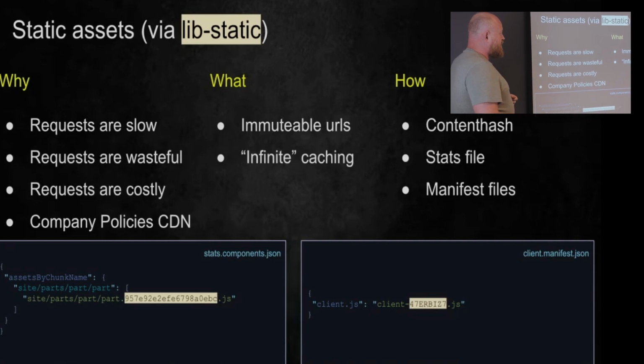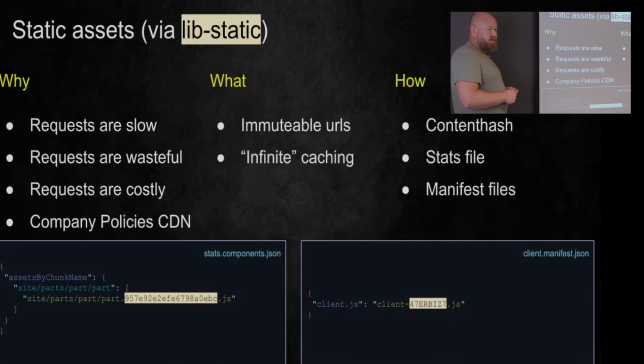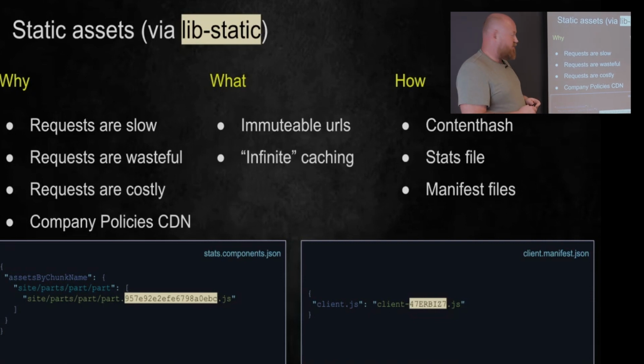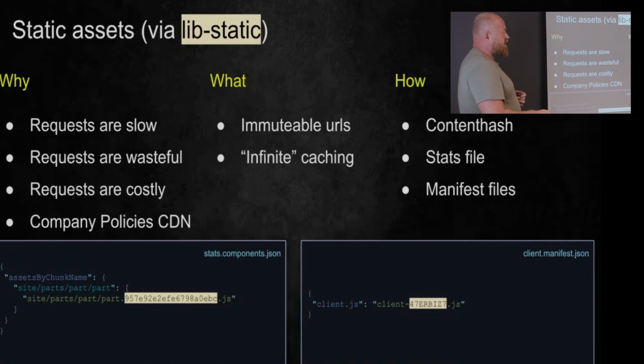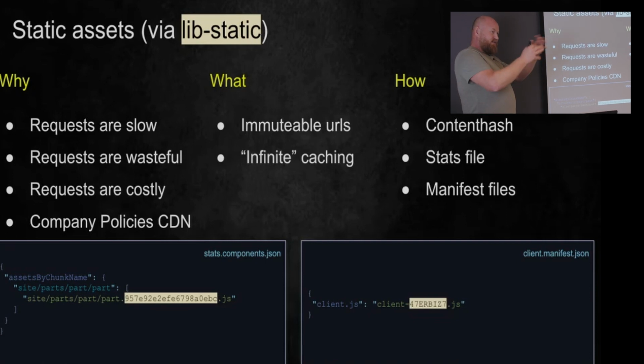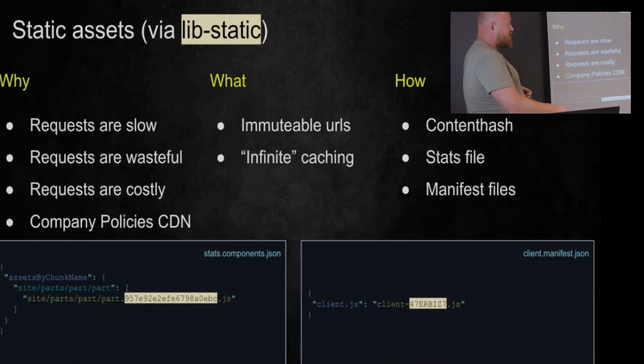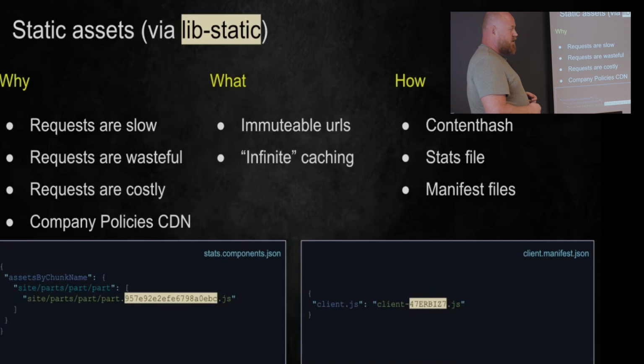So how do we do this, as you say, the content hash? The React4XP build system will take your files, it will make a hash sum for them, and add that to the file name. And it will also make a stats or manifest file, so that it can look up, okay, I want the client.js, that's this file. So when it generates URLs for you, it adds that hash to them.